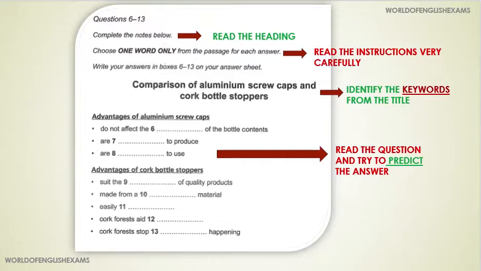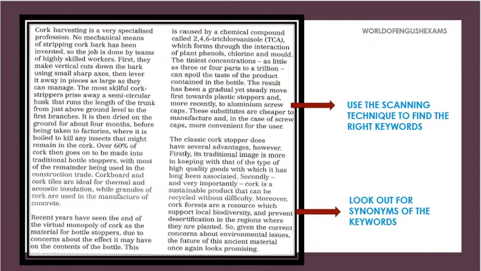Next, advantages of cork bottle stoppers. They suit the dash of quality products. Let's check. The classic cork stopper does have several advantages, however. So, it's now telling about the advantages of a classic cork stopper. What is the meaning of classic? Old style, traditional, conventional. Fine.